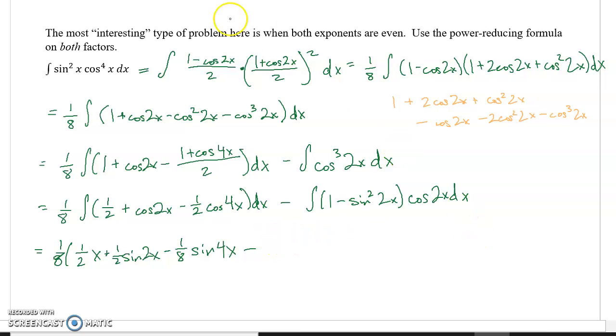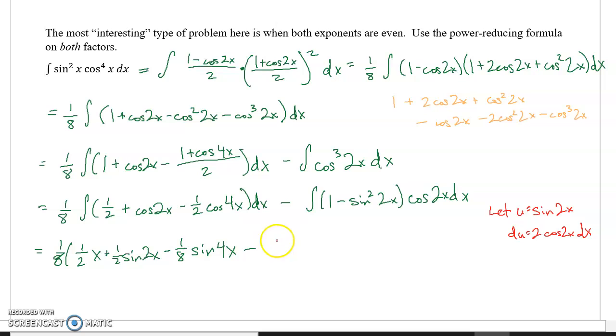And we'll go ahead and do the u sub now. So we're going to let u not equal to the one we saved, but the one that we have a bunch of. In this case, we have only 2 factors of it, but sine of 2x. So du equals 2 cosine of 2x dx.